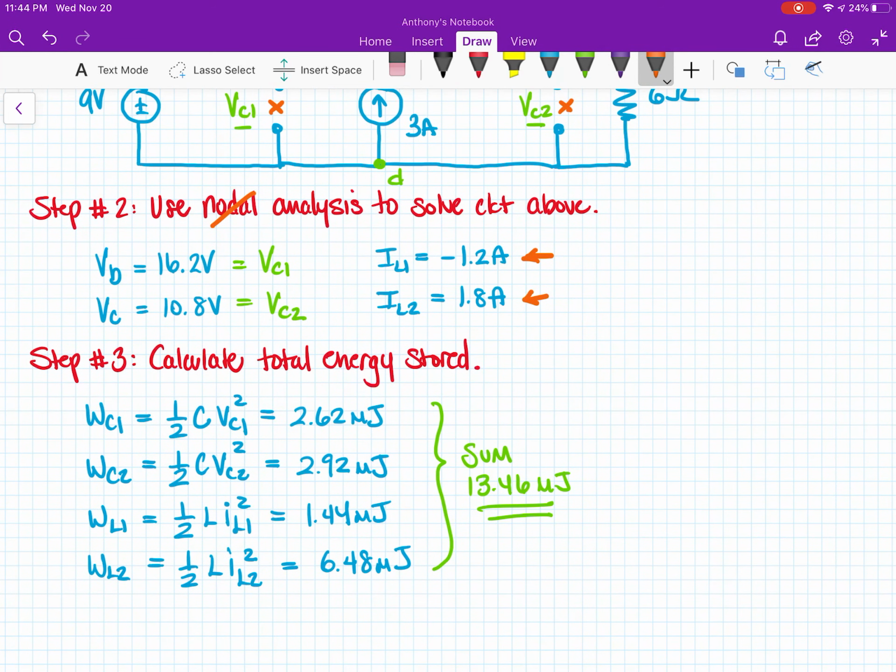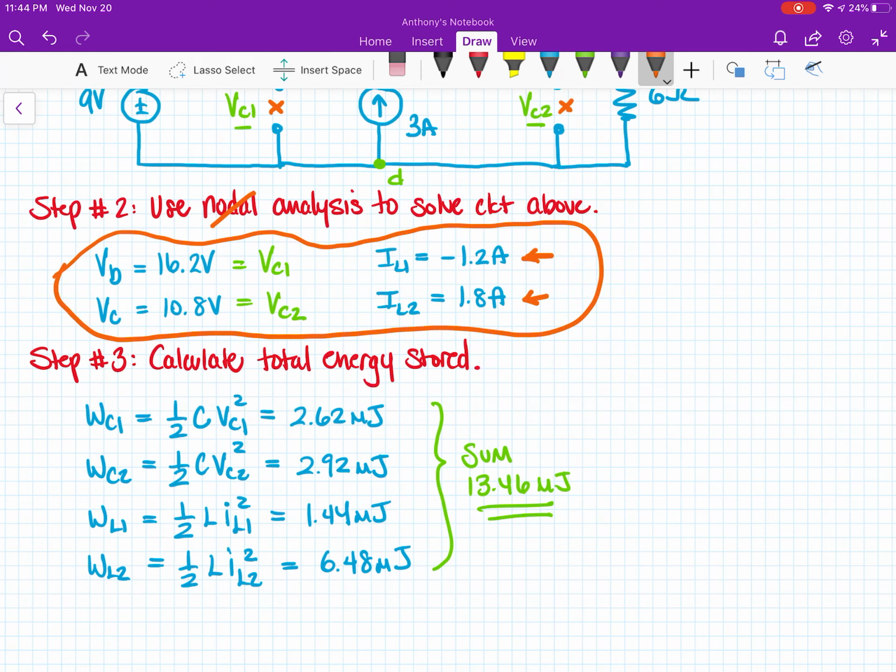The last step in this is to calculate the total energy stored by all of these devices. With these 4 values, we have everything that we need in order to do that. We calculate the energy stored within our capacitors using 1/2 CV squared. We calculate the energy stored within our inductors using 1/2 LI squared.